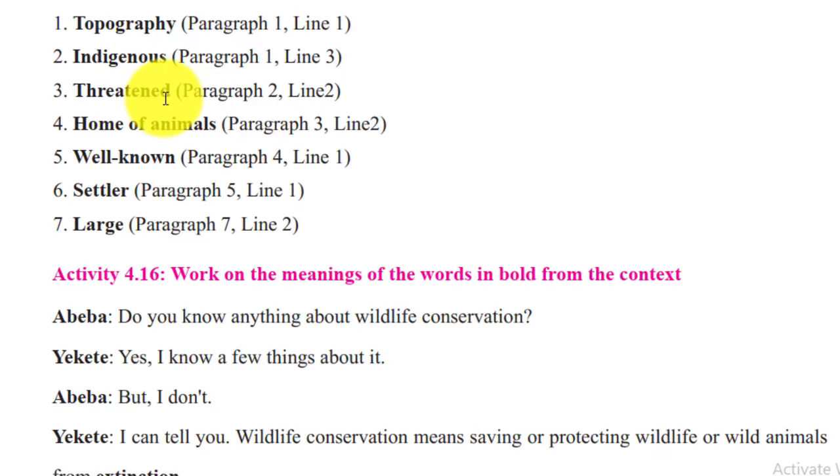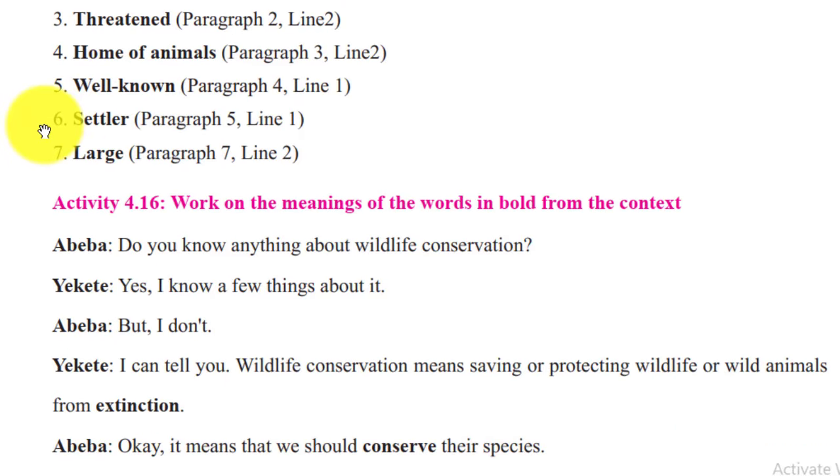Number 4, home of animals. What replaces home of animals? Habitat. If you go to paragraph 3 line 2, the word you find is habitat. Number 5, well known: you will find the word famous or fame.